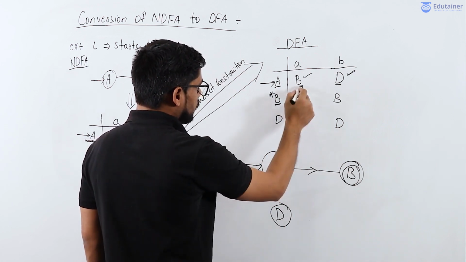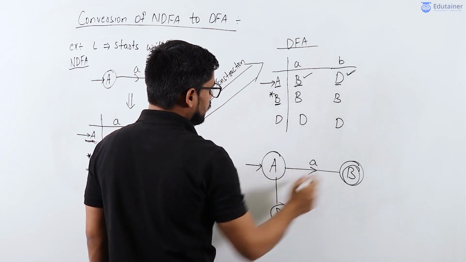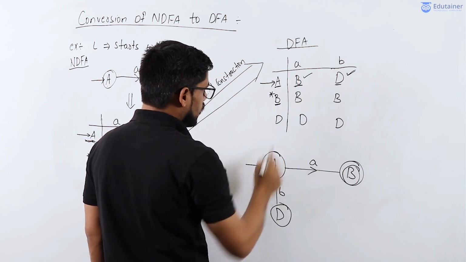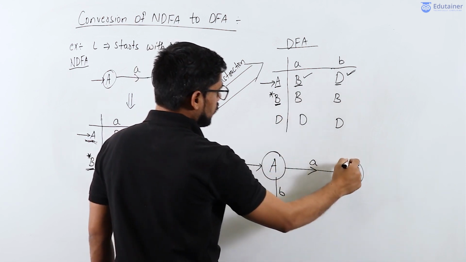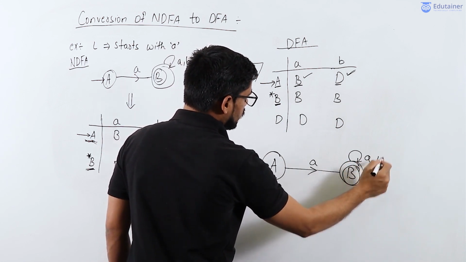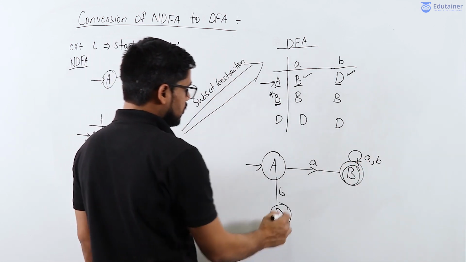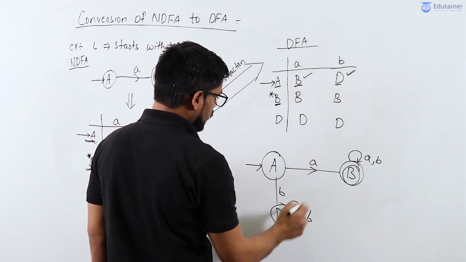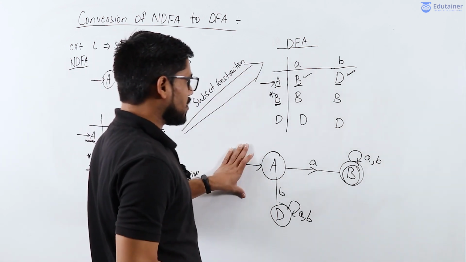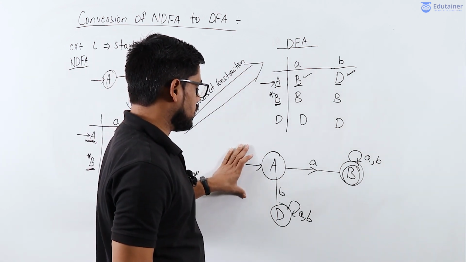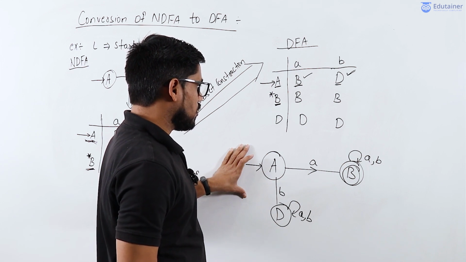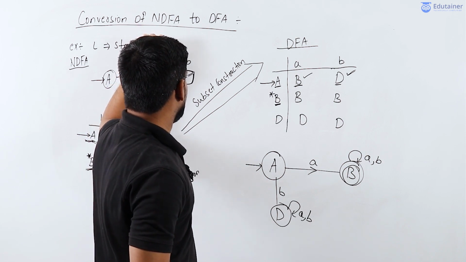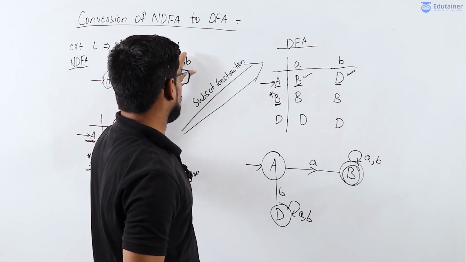On small a, I will go to the state B. On small b, I will go to the state D. Capital B will take moves on a and b to itself. Similarly, D will take a and b moves on itself. So this is the transition diagram of the deterministic finite automata machine, which accepts a language in which the starting symbol is a.